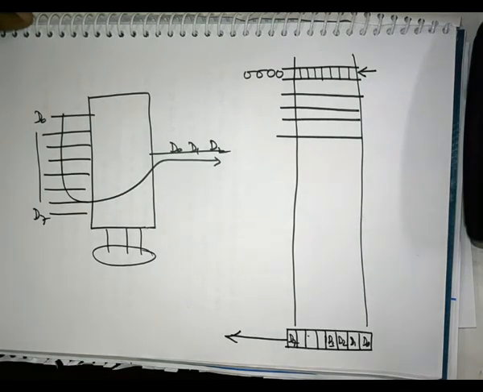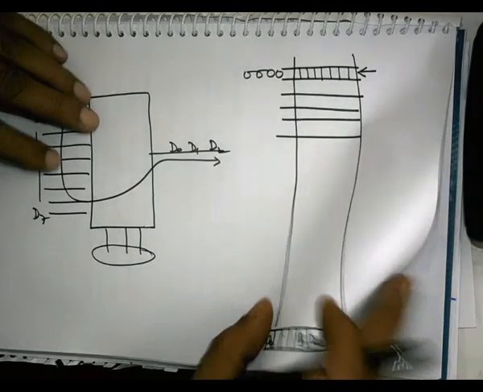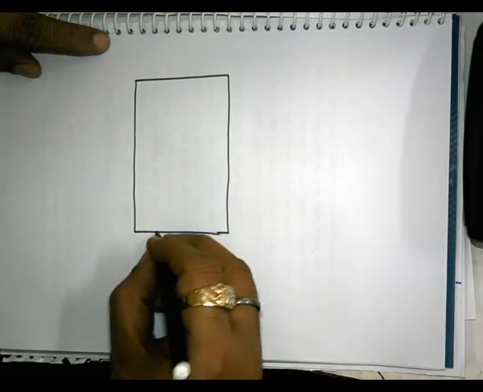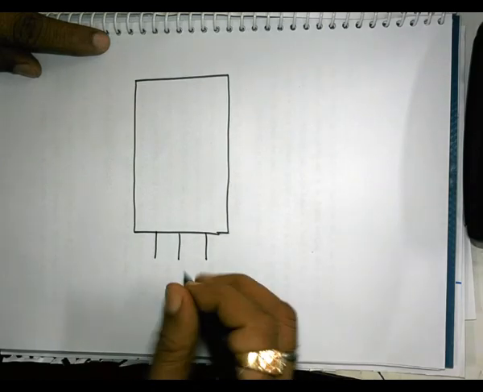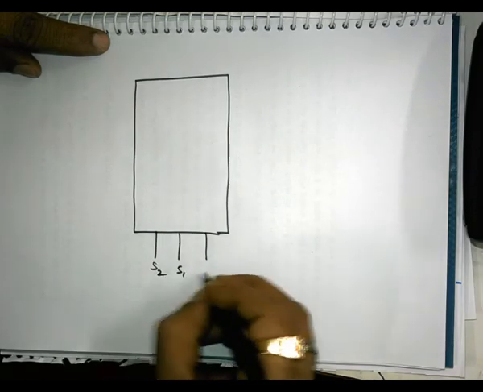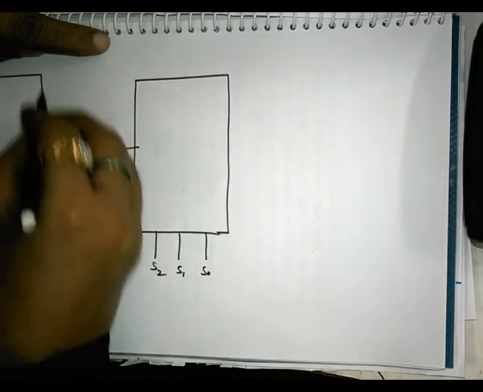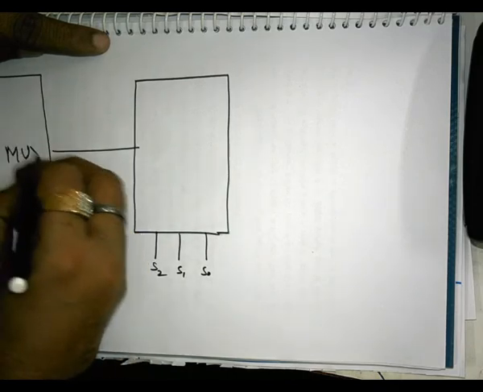And the reverse operation can be performed by another combinational logic circuit which is called a demultiplexer. This is the forward operation. The reverse operation can be performed using a demultiplexer. So what a demultiplexer is: it also has n select lines, say there are three select lines, S2, S1 and S0, and it has one input, and the input is basically coming out of the mux.